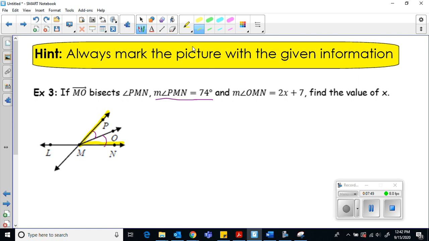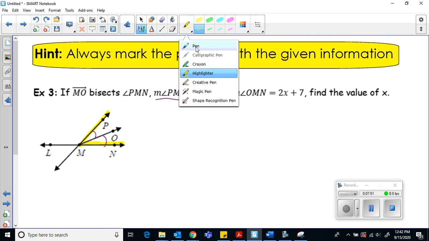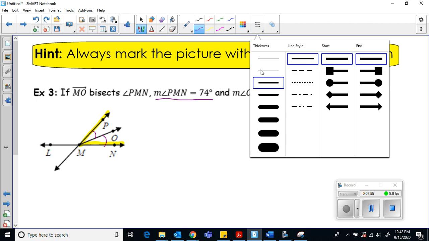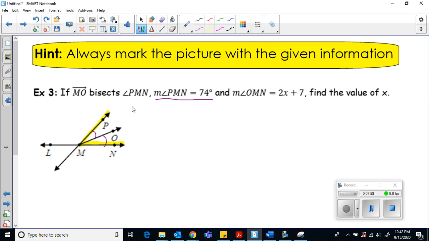So we got to make sure when we're doing this that we actually know which piece we are dealing with here. So we know that the whole angle is equal to 74 degrees.